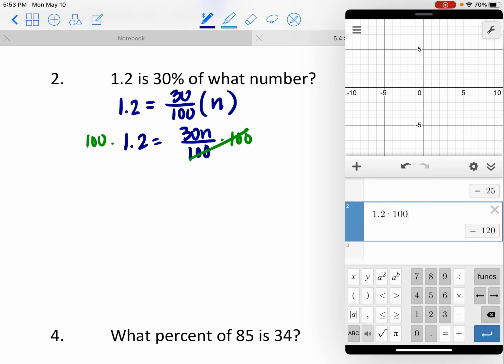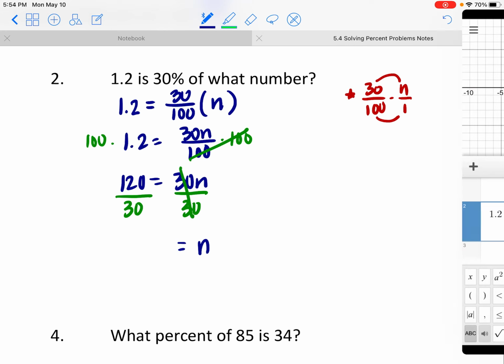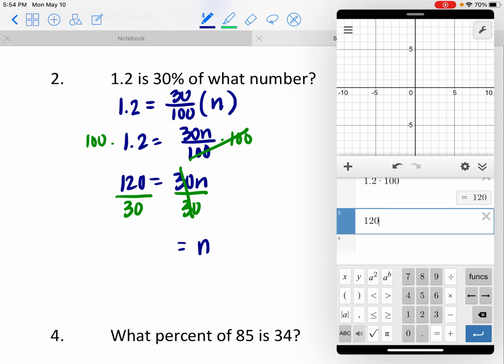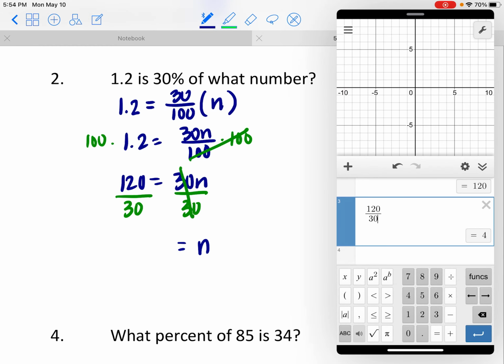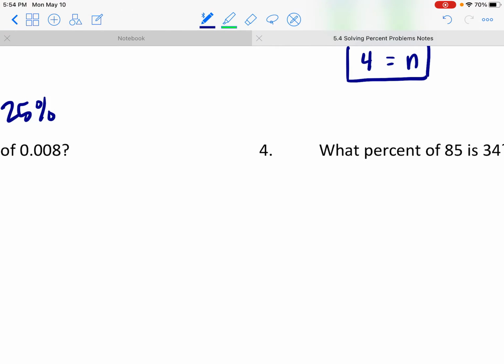That's going to be 120, so 120 on this side equal to 30n, and now I can get rid of multiply by 30 by dividing both sides by 30. So n is going to equal 120 divided by 30, which is going to be 4. So n equals 4. So 1.2 is 30% of 4 is our correct answer. Okay? Moving right along.